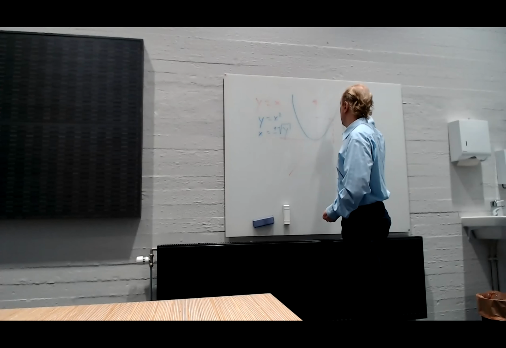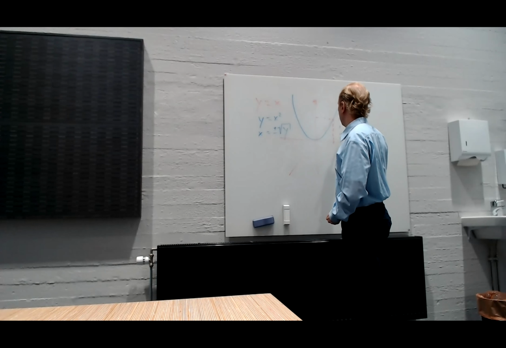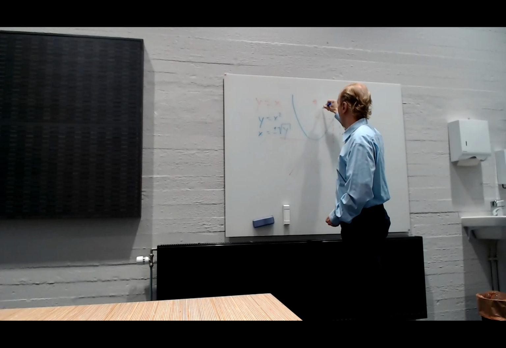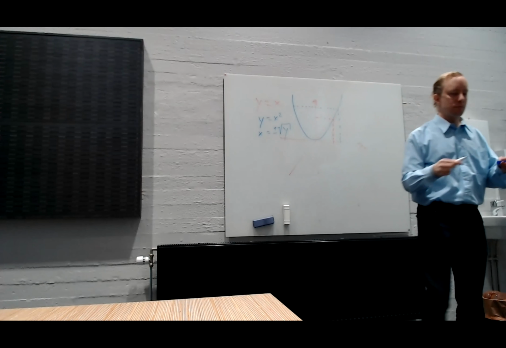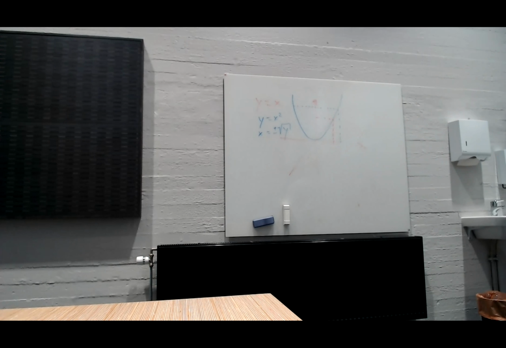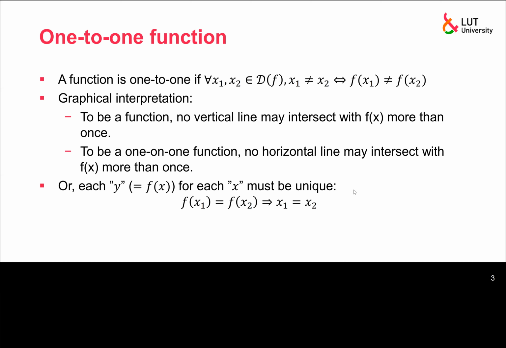And now we can see that for some y, we have two x values. And yeah, for being invertible, then of course it's the other way as well.